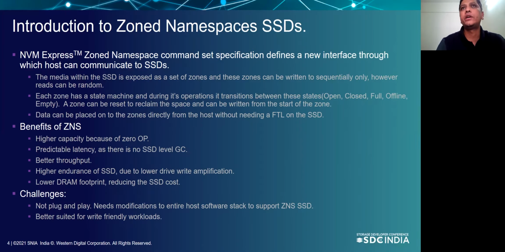Now, for a 4 terabyte SSD, we need at least 4 GB of DRAM to maintain the FTL. But in ZNS, since we don't need the FTL, we don't have to have that much DRAM. So that reduces the cost of the SSD.